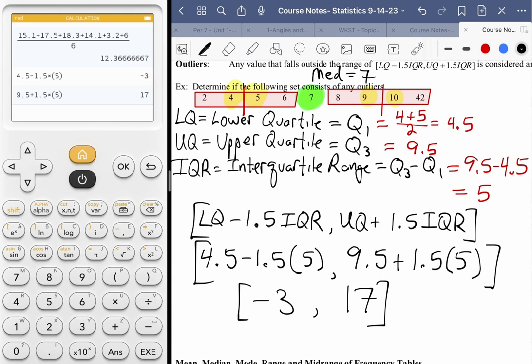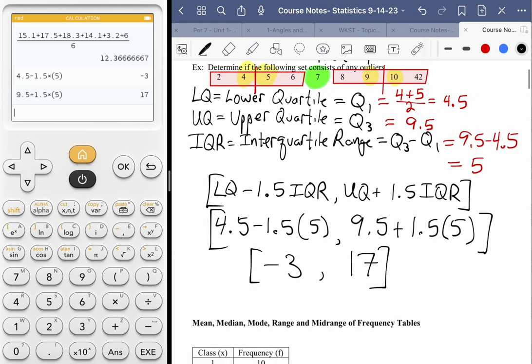The question says determine, or the directive, determine if the following set consists of any outliers. What I just came up with is the interval of non-outliers.